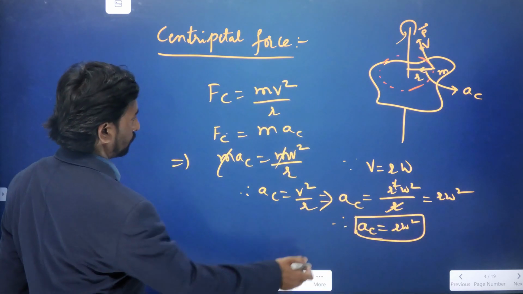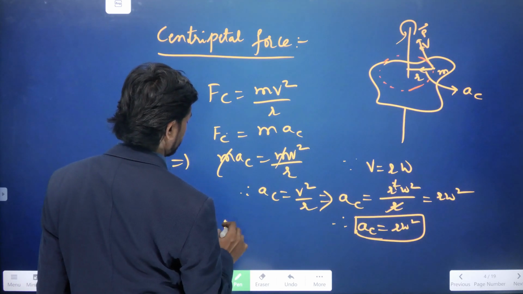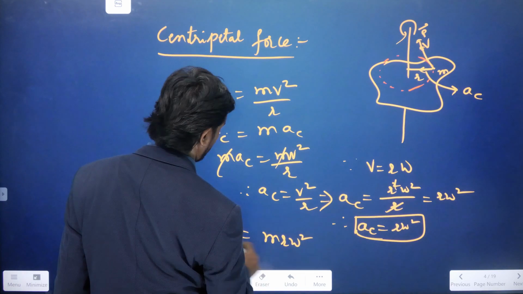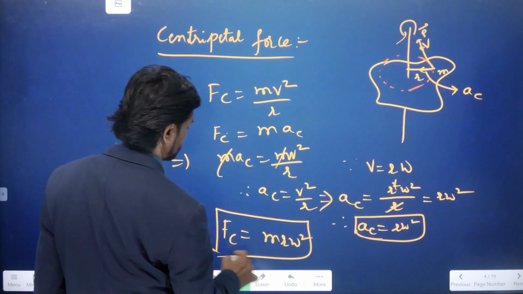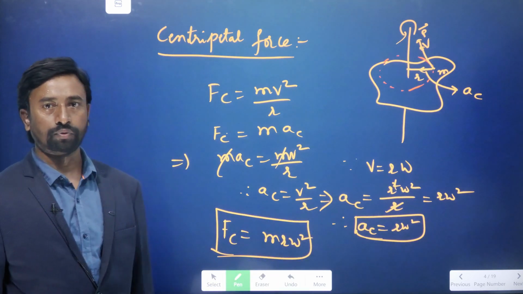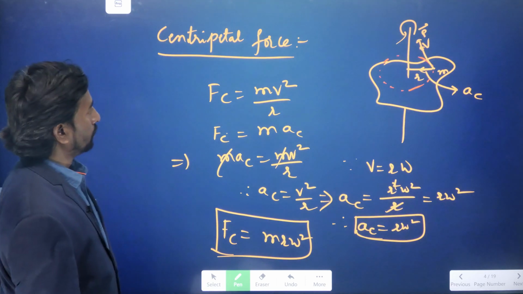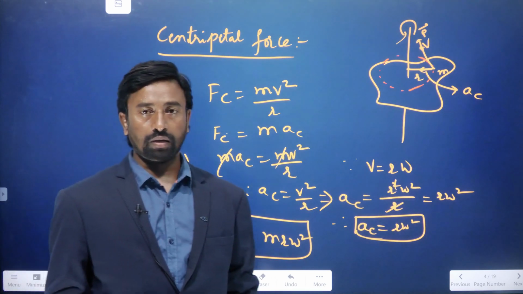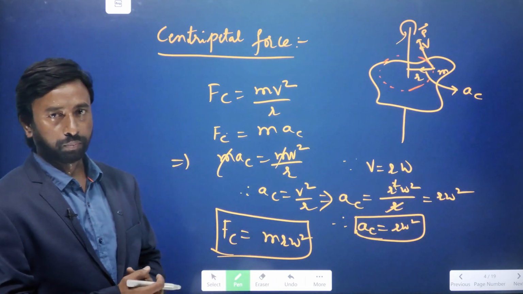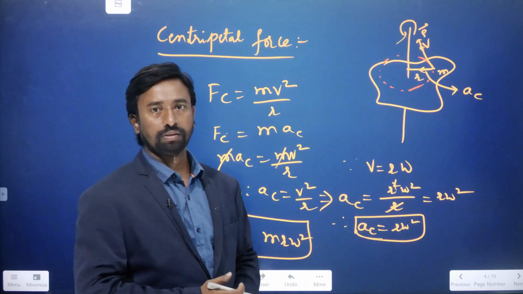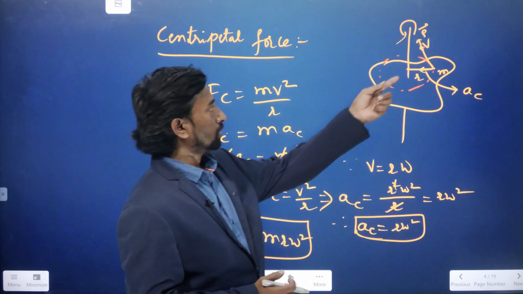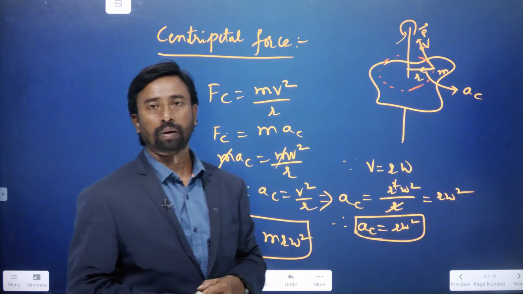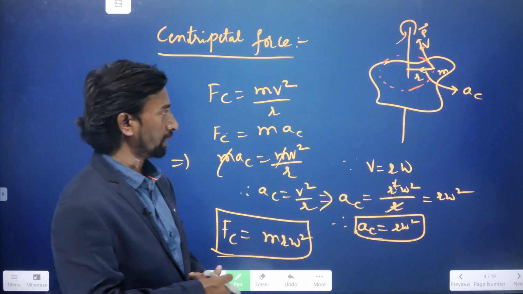Now, with this a_c, the centripetal force formula will be m into r omega square. The centripetal force definition is this: whenever a body is rotating in a rotational motion about an axis, a force acts towards the center, along the perpendicular direction, that means along the radius.